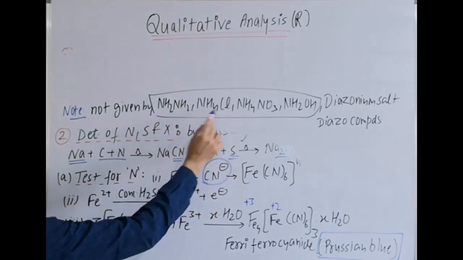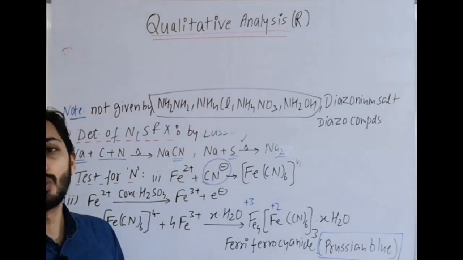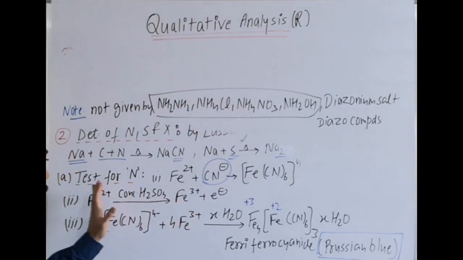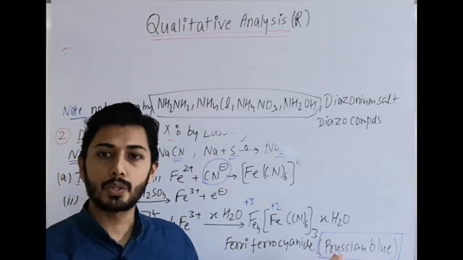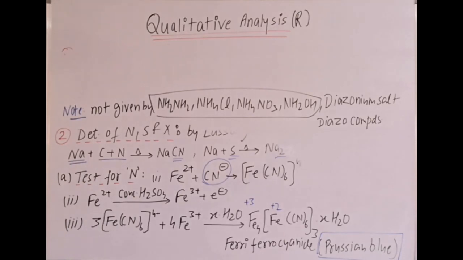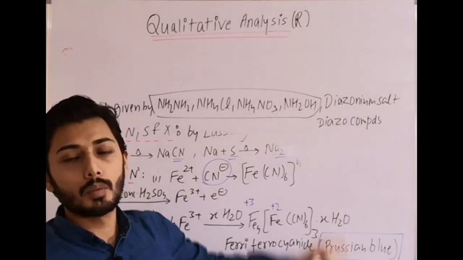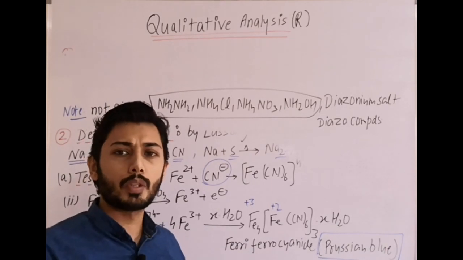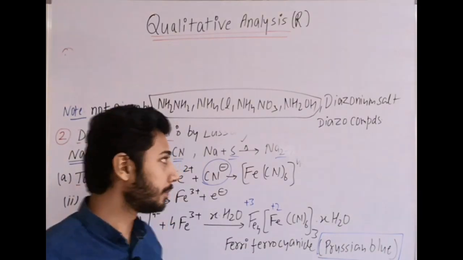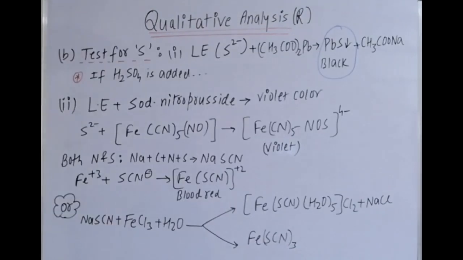CN minus. Therefore these compounds, although they contain nitrogen, do not give the test for nitrogen, like they won't give the Prussian blue color. Diazonium salts and diazo compounds also do not give this test because N2 gas is evolved easily. So that is the information for the test for nitrogen.